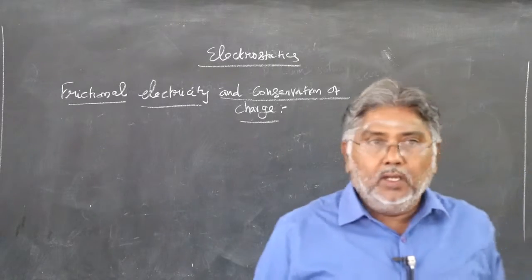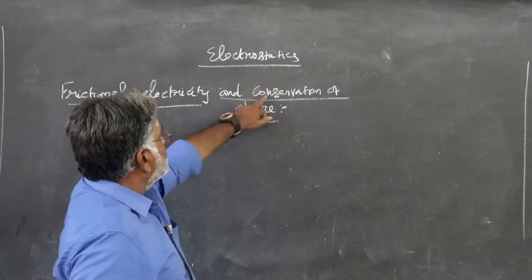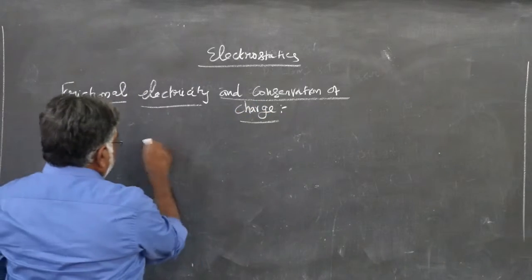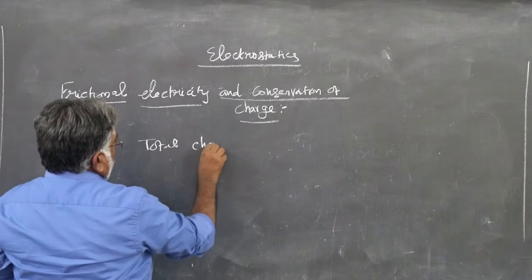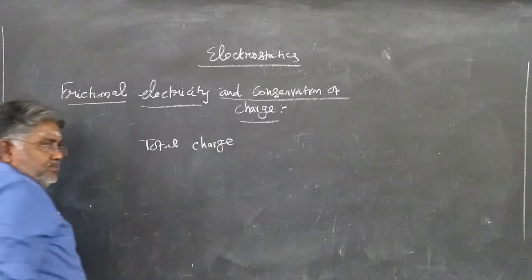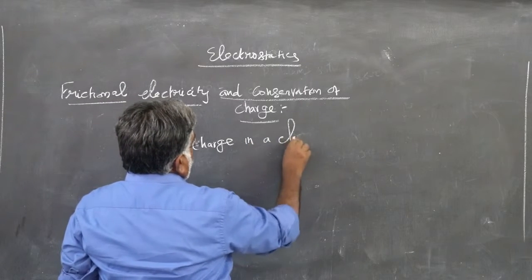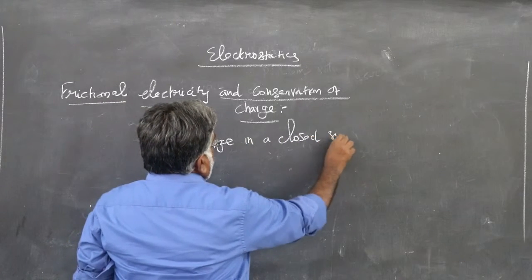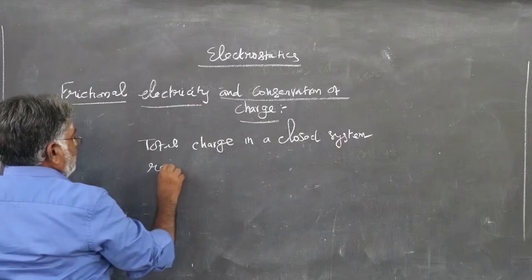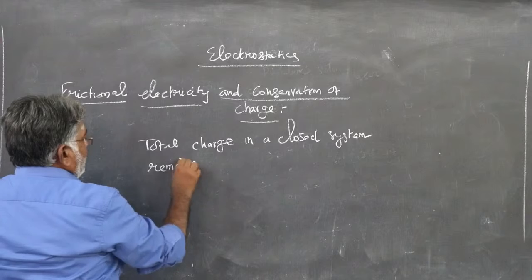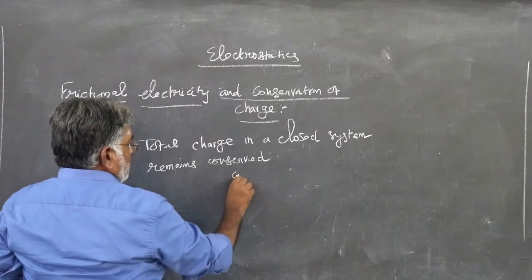Okay. So, what is the law of conservation of charge? It states that total charge in a closed system remains conserved, that is constant.